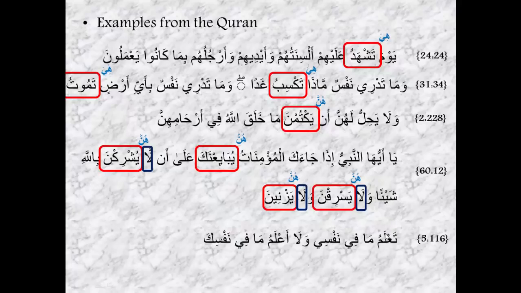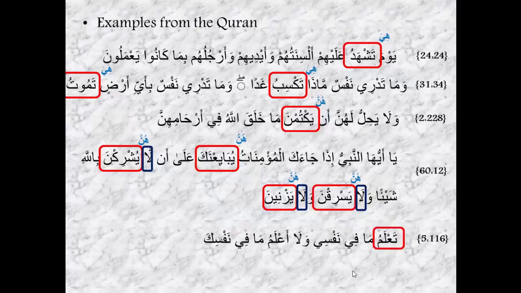Last example, تعلم ما في نفسي ولا أعلم ما في نفسك. This is taken from Surah Al-Ma'idah, in which the Prophet Isa alayhi salam is speaking to Allah subhanahu wa ta'ala. تعلم ما في نفسي, and you know what is in myself. ولا أعلم ما في نفسك, and I do not know what is in yourself.